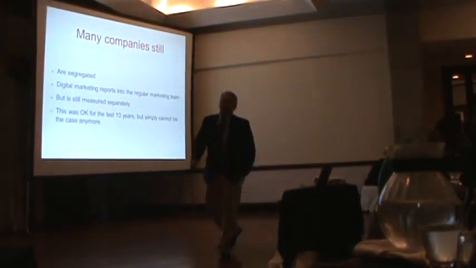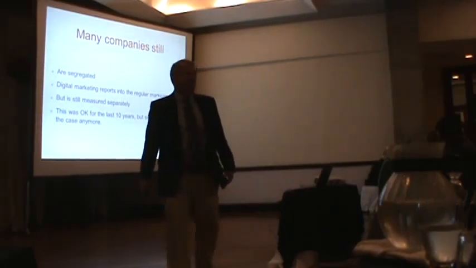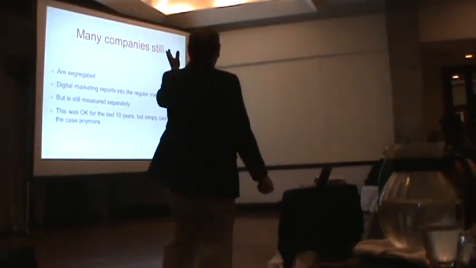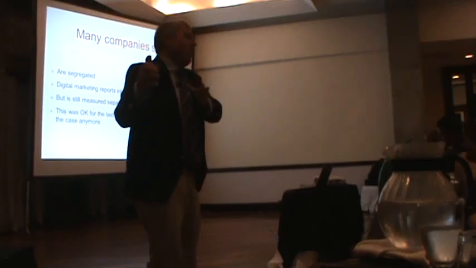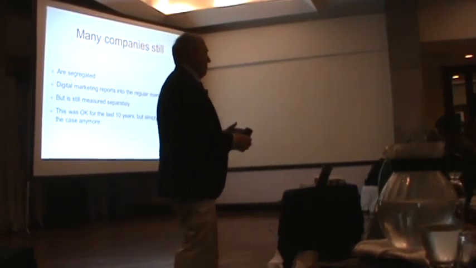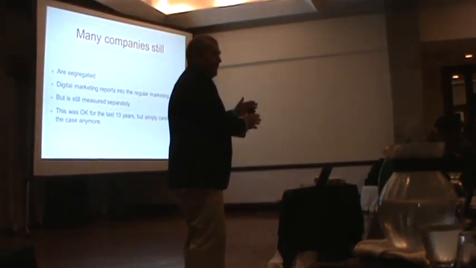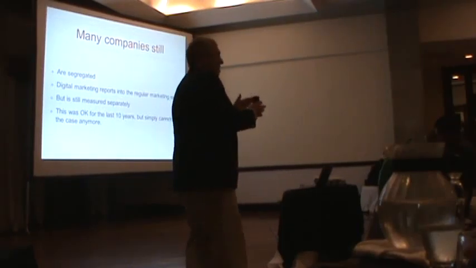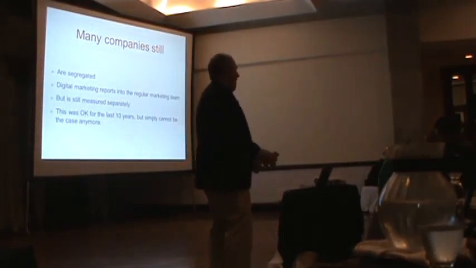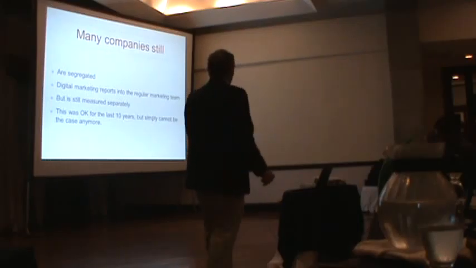Unfortunately, a lot of companies are still segregated. And by segregated, I mean that they have a digital marketing arm and then a real marketing arm. You know, the traditional, legitimate marketing strategy, and then we have kind of this digital end of it.